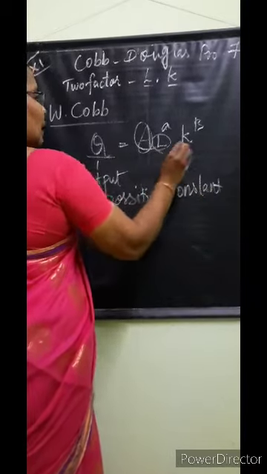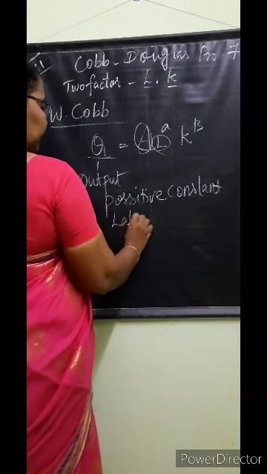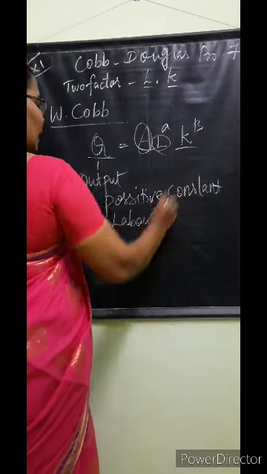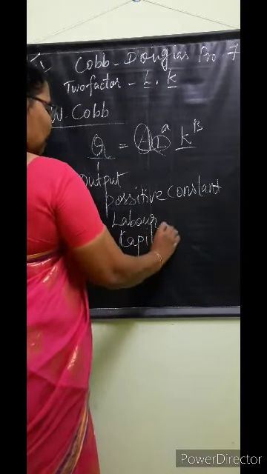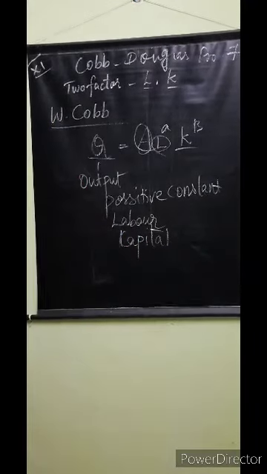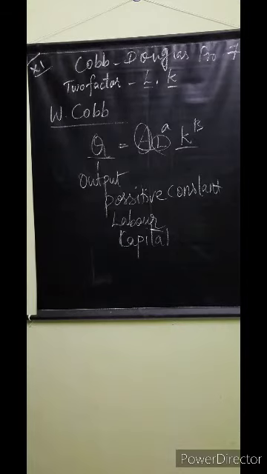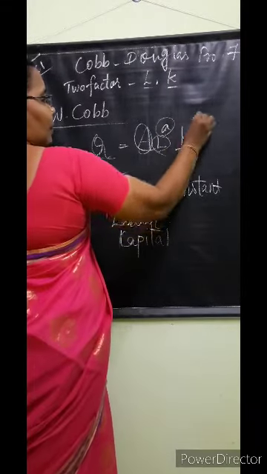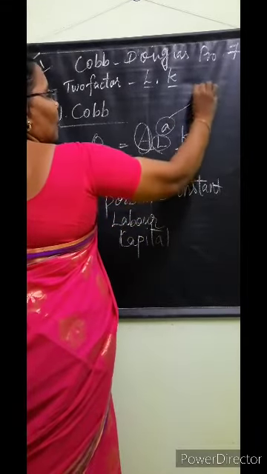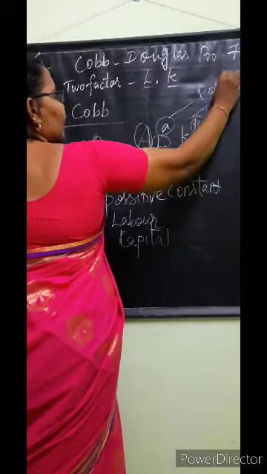Already we know L refers to labor, K refers to capital. This alpha and beta refer to positive fractions.